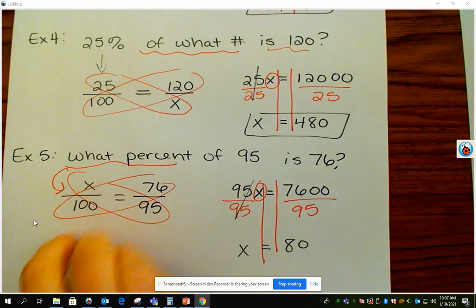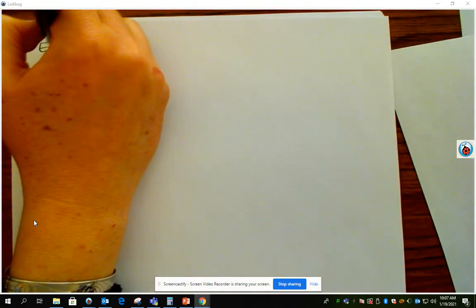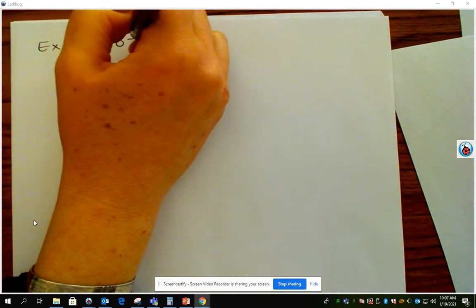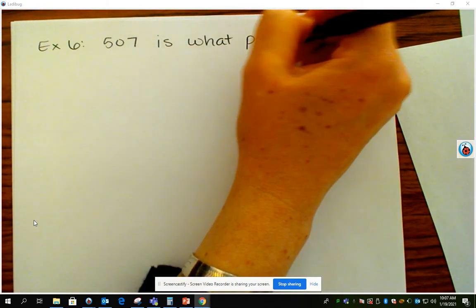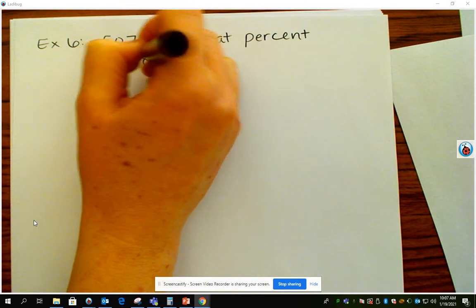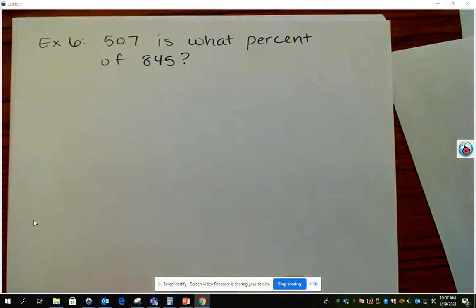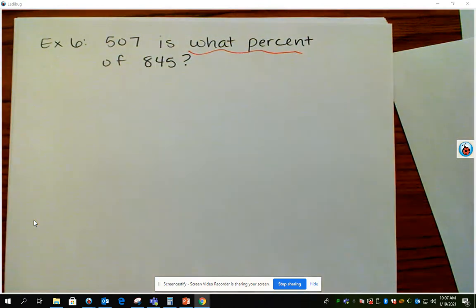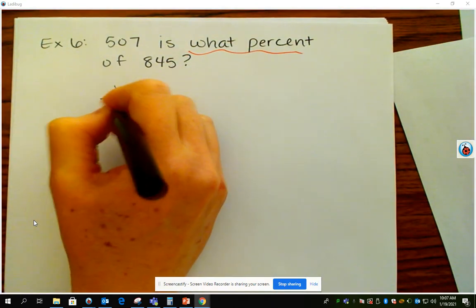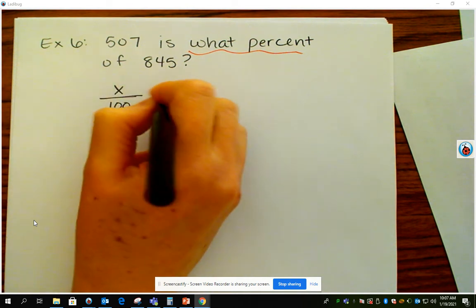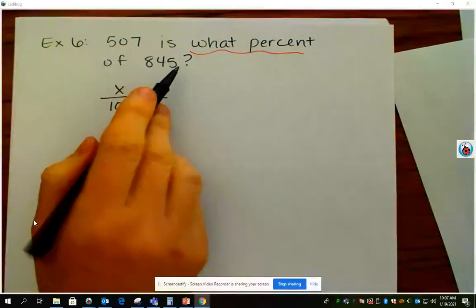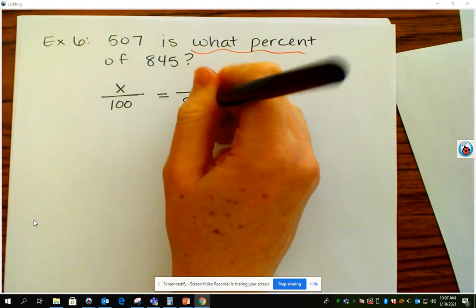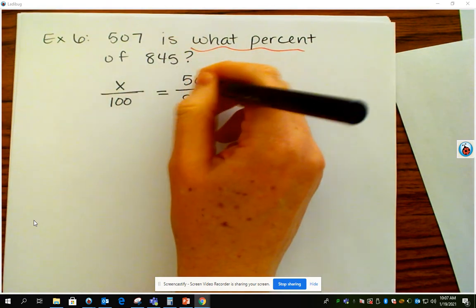Okay, I'll do one more. This is example 6. 507 is what percent of 845? Okay, so again, we've got a what percent. That's going to be what out of 100. Okay, and then here, 507 is what percent of 845. 845 is our whole. 507 is the part.